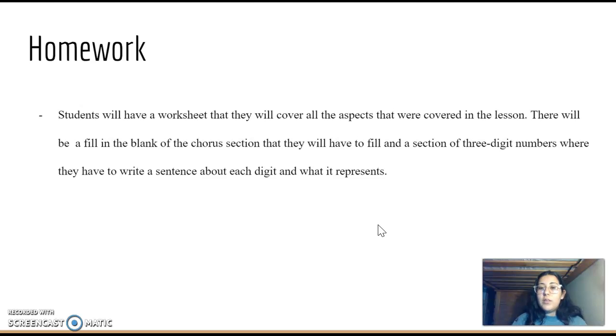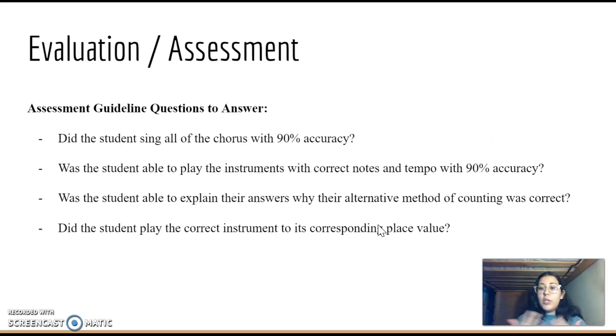And there should also be a section of example 3-digit numbers, and they will write sentences about what each digit represents and why. And then for evaluation assessment, it will be more of a visual assessment of how they perform in this lesson.